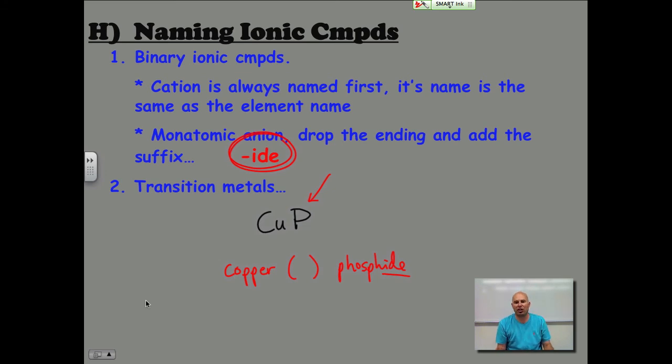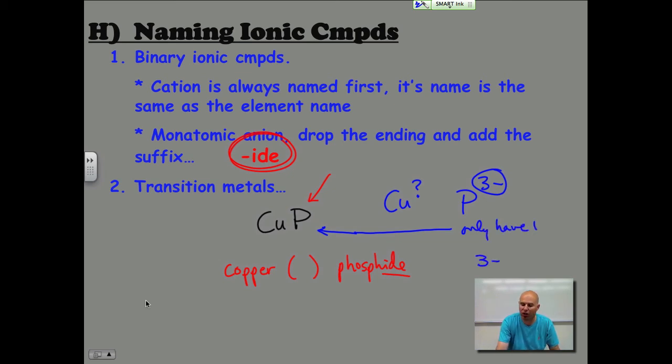Now, what is the copper in this case? How do you figure out what the charge is? Well, the copper is a question mark. We know it can change, but phosphorus never changes. Phosphorus is a 3-. Now, since it's a 3-, we check how many we have. We have only one, so the total net negative charge is a 3-.